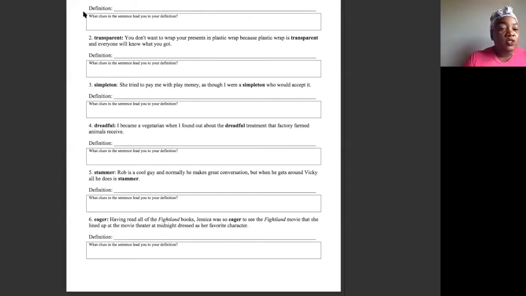Now, Dwayne actually is giving us the words cool guy, but whenever you see that word but, it's going to be a difference from what you're actually getting. So with Rob, he normally makes great conversation. And that but actually tells you it's going to be the opposite of what's going to happen.